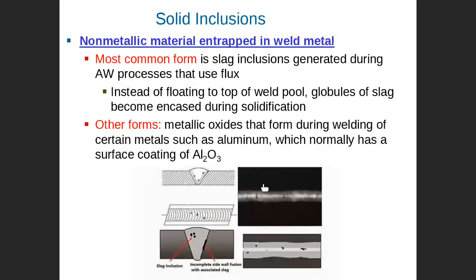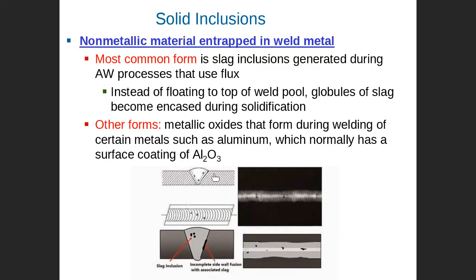Okay, so this is the cavity that happened. Next is solid inclusion. Solid inclusion means foreign material trapped inside the weld. We call it foreign inclusion. Its most common form is slag. What is slag? Flux reacts when you use a filler, which, for example in arc welding, is a stick itself and coated.